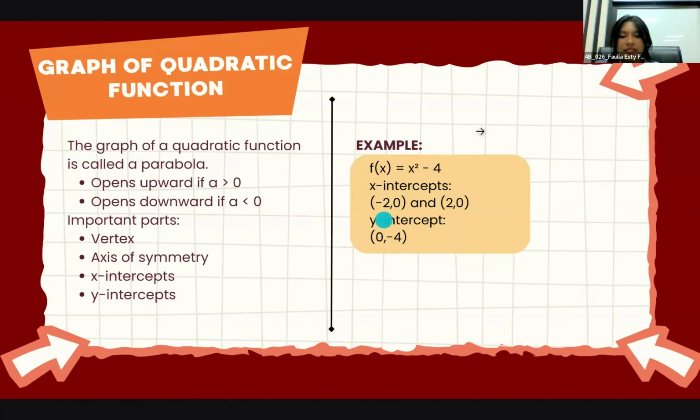Now, for the example, it's like this. F of x equals x squared minus 4. The x-intercepts are (minus 2, 0) and (2, 0). And y-intercept is (0, minus 4).